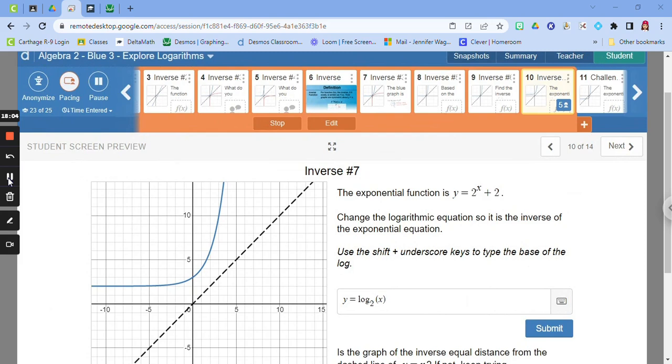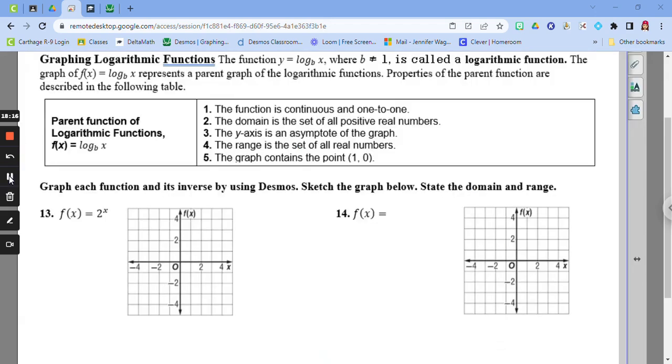You should already have the parent function. We need to make the adjustments. I'm telling you to use Desmos. Don't try to graph these on your own. Okay? So if you haven't, go ahead and make sure you have the Desmos graphing calculator up on your Chromebook.